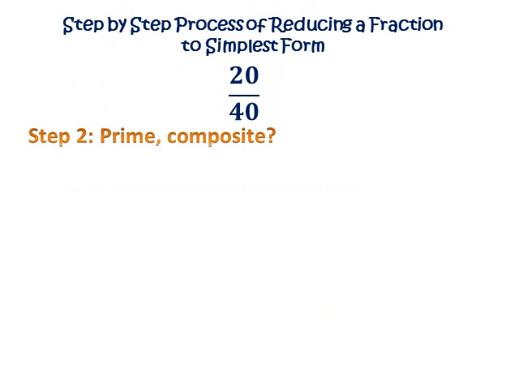Second step. Do you remember our lesson about prime and composite numbers? After determining the numerator and denominator, we will determine if the numerator or denominator is a prime or composite number.